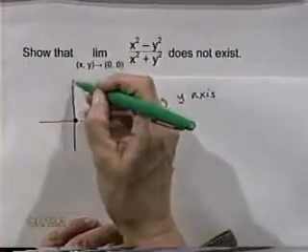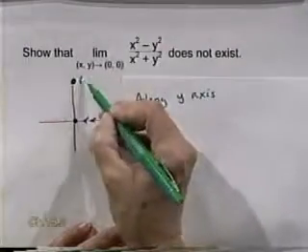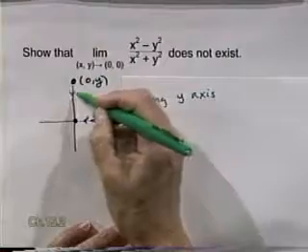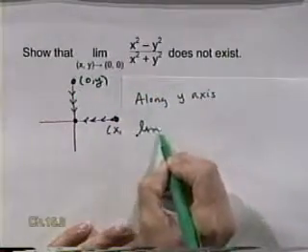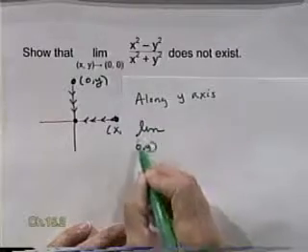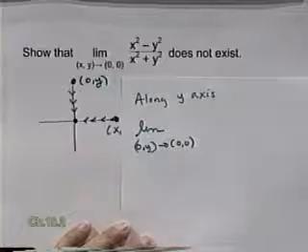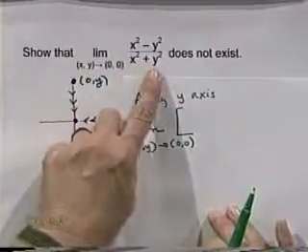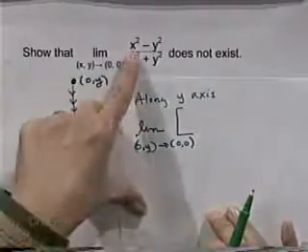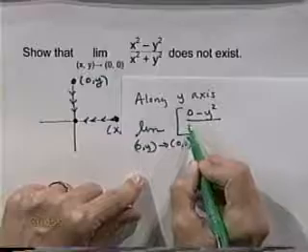If I'm coming in along the y-axis, what's an arbitrary point on the y-axis? x is 0 and y is y as I come down along the y-axis. So a point on the y-axis is (0,y) as we approach (0,0). Our expression is x squared minus y squared over x squared plus y squared, but we're putting a 0 in for x and a y in for y.